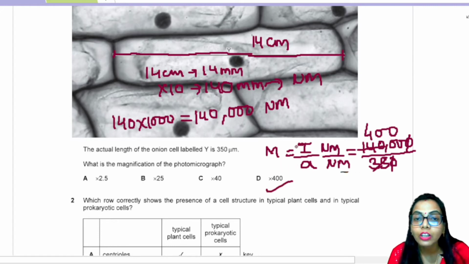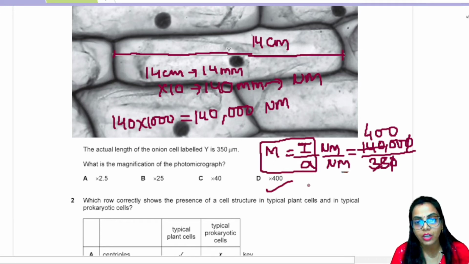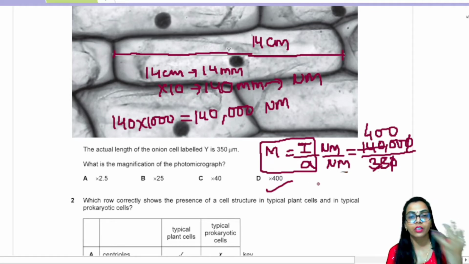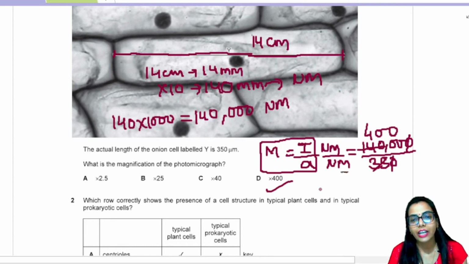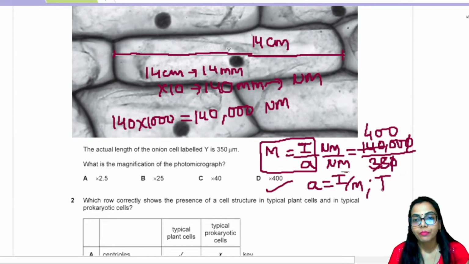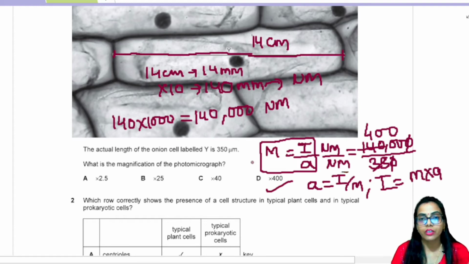I hope you will do the question if it is asked in the exam. In this way you can find the actual size or the image size using this formula. Suppose you are given the magnification and the image size and asked for the actual size: then actual size is I divided by M. And if you have to find I, the formula will be this. So by this formula you can find anything asked.